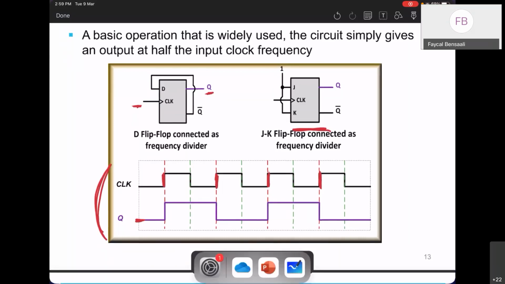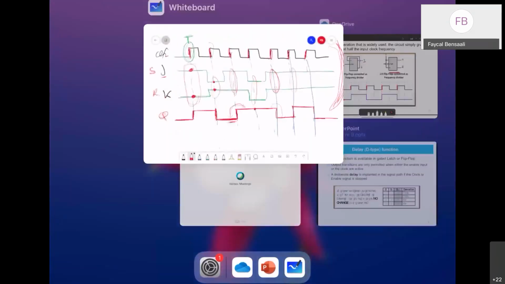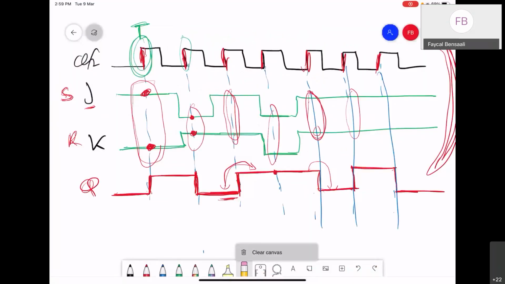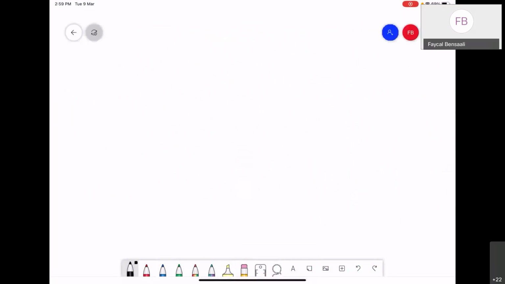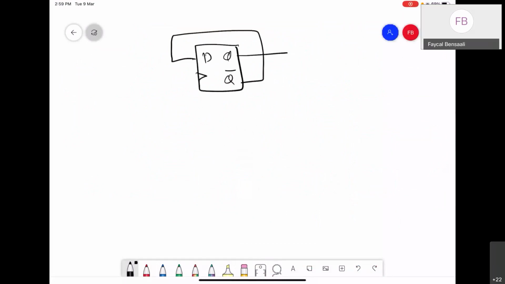I think it's better to do it on the whiteboard because we'll have more space. This is what we are trying to do. D is connected to Q bar. This is D, and this is Q, and of course we have the clock. So I take just one flip-flop and make this connection.